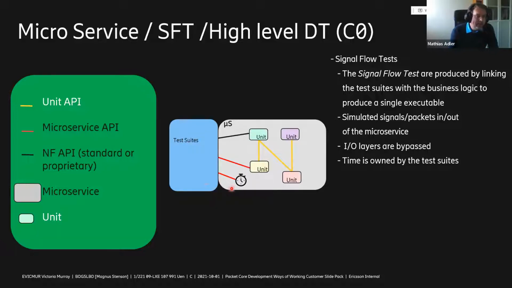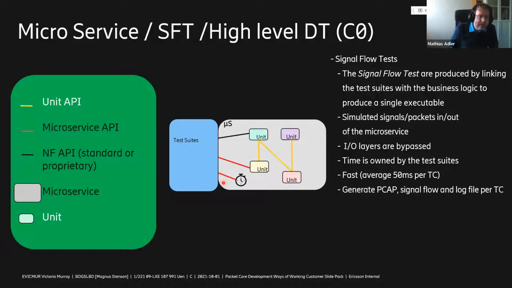We can also manipulate the time from the test to simulate the expiry of timers and so on. And these are quite fast. In general, they take only 50 milliseconds to run, which is much faster than running functional verification on our proper products. And then we can get the PCAP files, signal flow charts, and log files per test case.